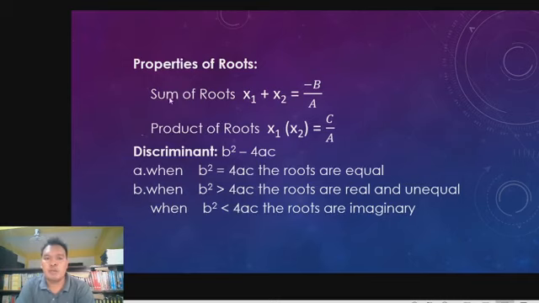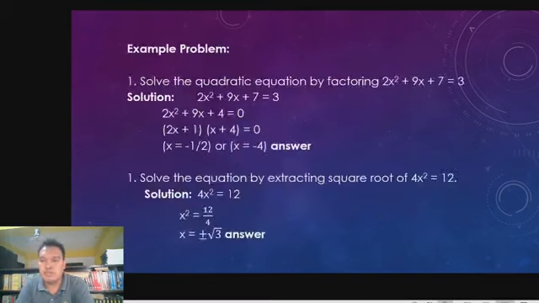Okay, so we have sum of roots. May tinatawag tayong sum of roots na x1 plus x2 is equivalent kay negative b over a. Then, for product of roots, we have x1 times x2 is equivalent kay c over a. Tama? Okay, balik tayo dun sa problem.